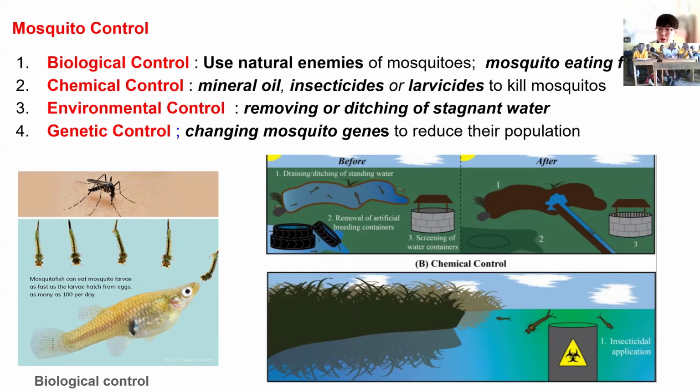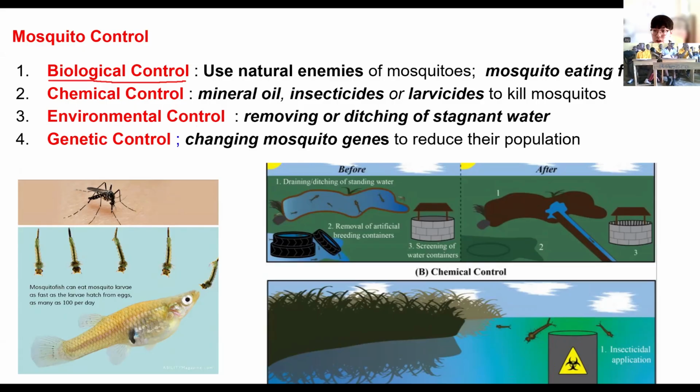There are different methods. Biological control is when you use natural enemies of mosquitoes, like mosquito-eating fish. If you have a lot of mosquito-eating fish, a lot of the larvae will be eaten. So that's one way of control.